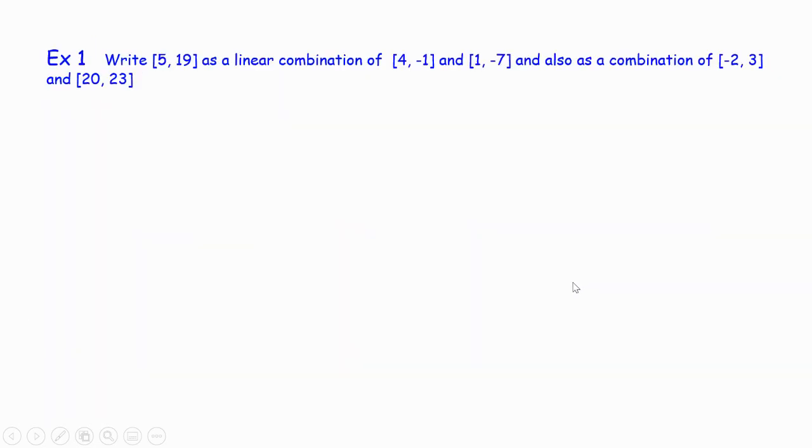So here's what we're going to do. We're going to write the 5, 19 vector as a linear combination of 4, minus 1 and 1, minus 7, and also a combination of minus 2, 3, and 20, 23. What does that mean?